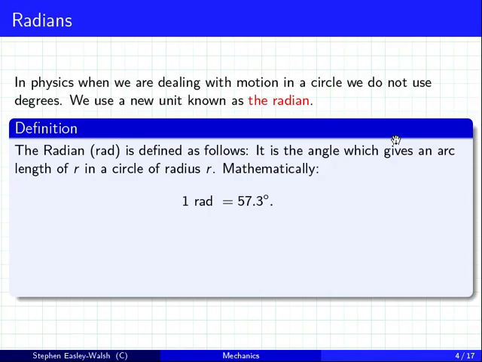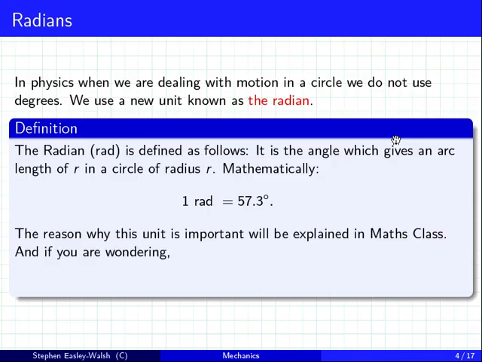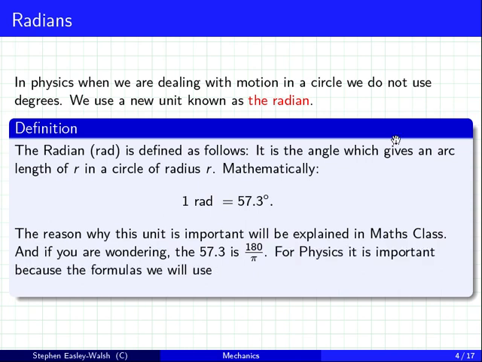Now, the reason why radians are important will be explained in maths class later. In fact, the 57.3, if you want to be more precise, is actually 180 over pi. For physics, it's important because the formulas we will use will only work if we're using radians.